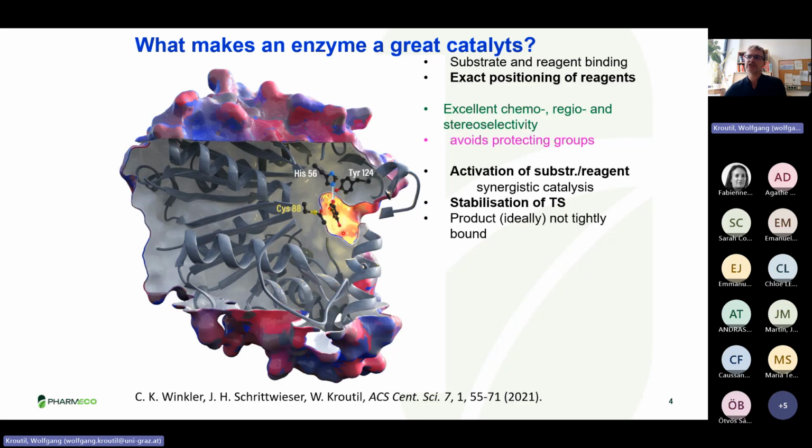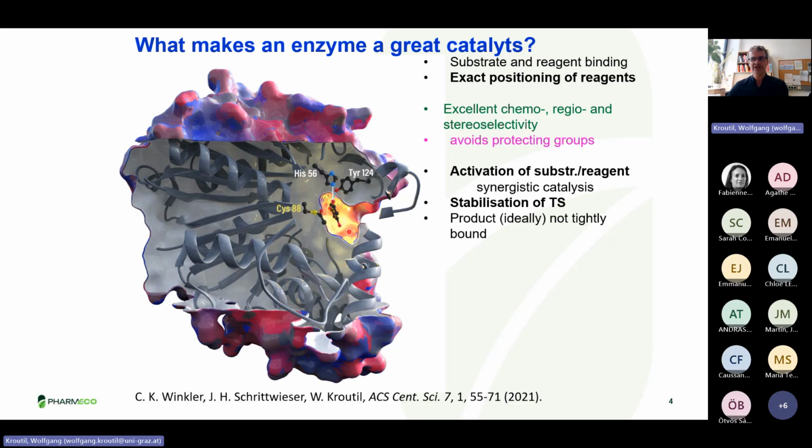There's one rather challenging part. Very often, substrate and product are rather similar. We want the substrate to get bound tightly to the enzyme, but of course the product should not be bound tightly, so it should easily be released.